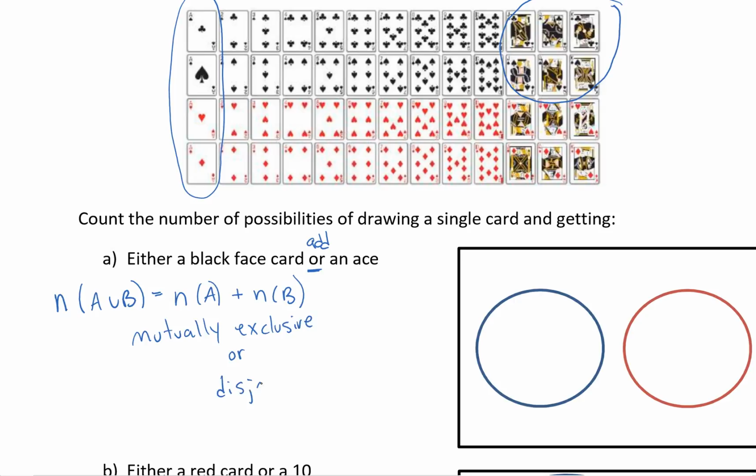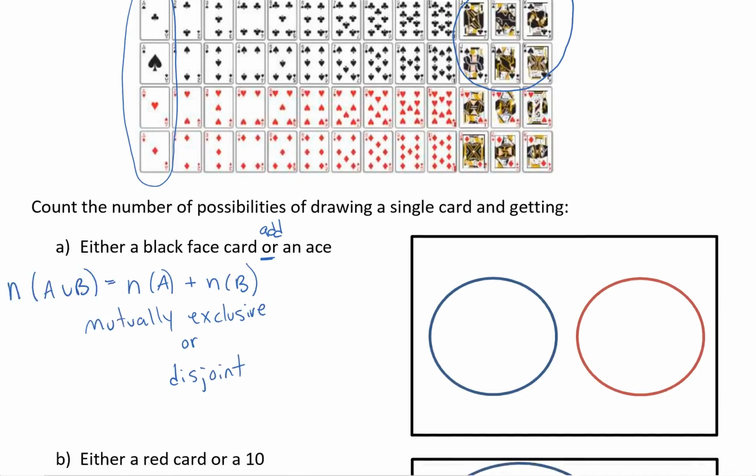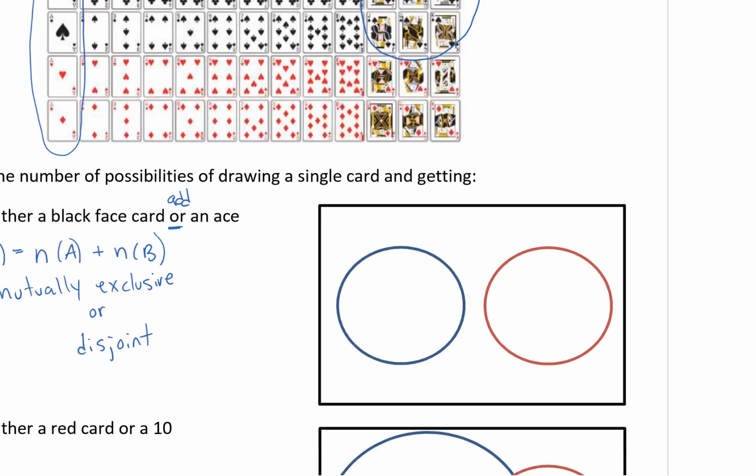Why in this case? Because if you look at the Venn diagram, these are our black face cards. Let's put that in A. And in B, we'll put our aces.